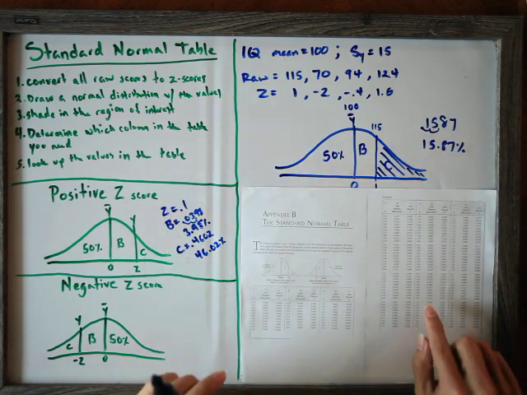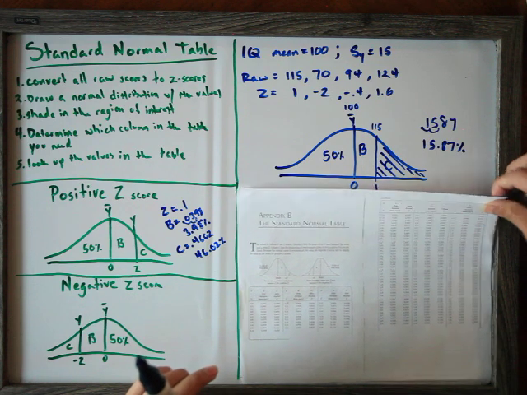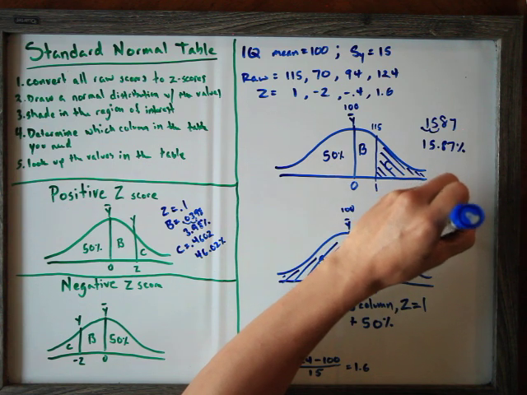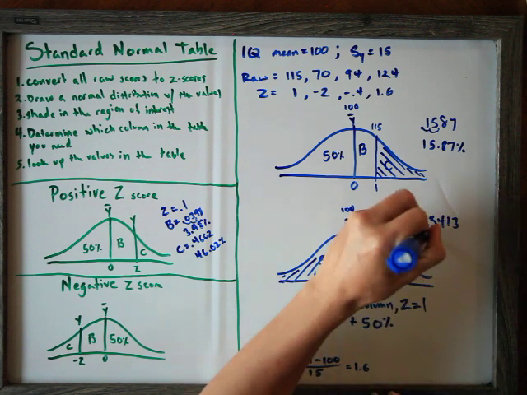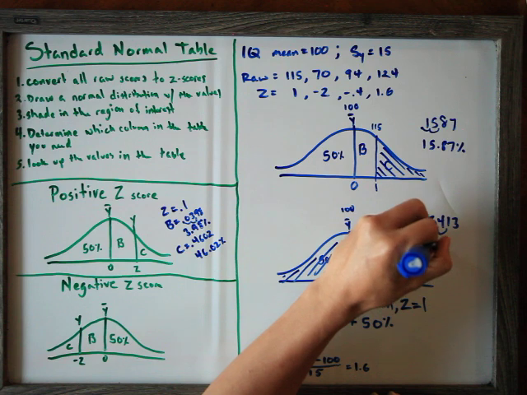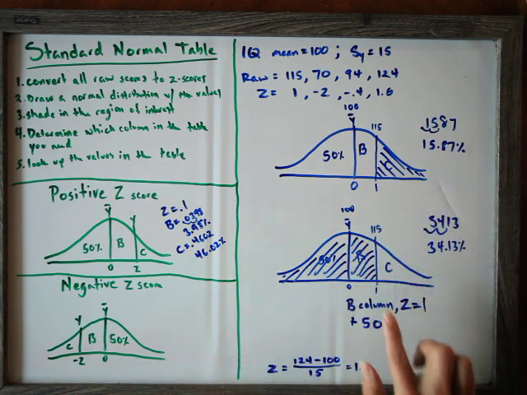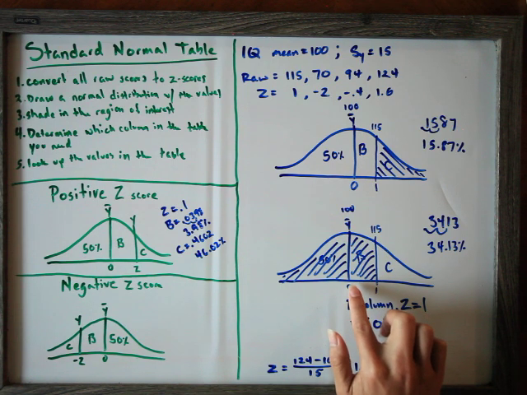So I'm going to look for B for a z-score of 1. Here is our z-score of 1, and the B column has a proportion of 0.3413. I need to convert that to a percentage, so that's going to be 34.13%. That just gives us this area, the area in between our score and the mean.